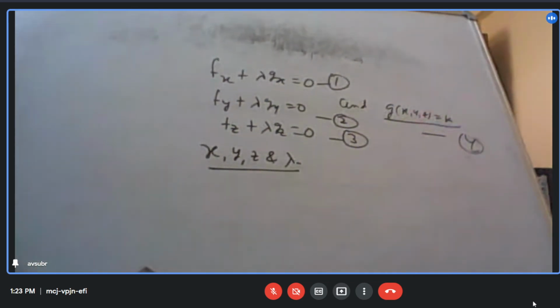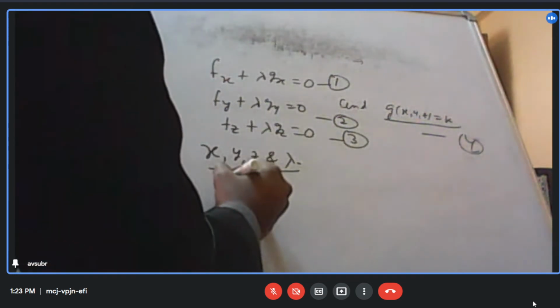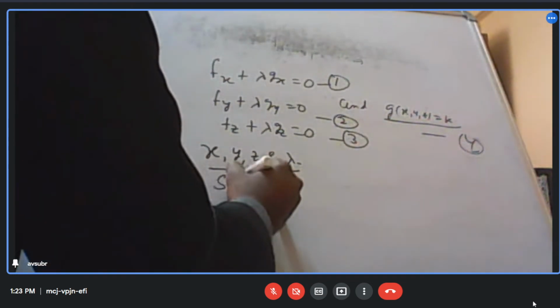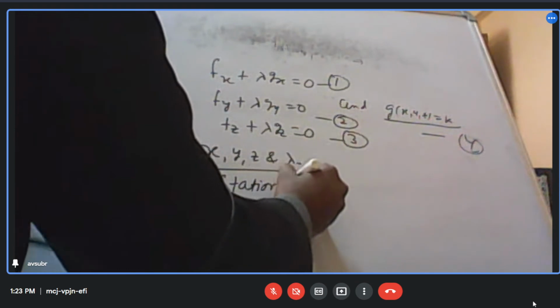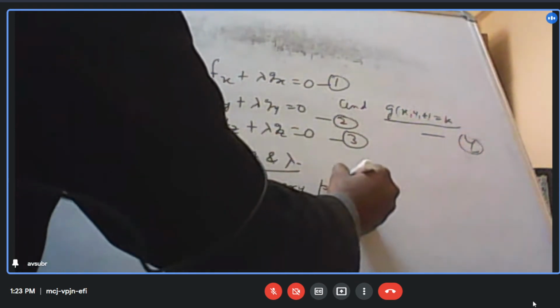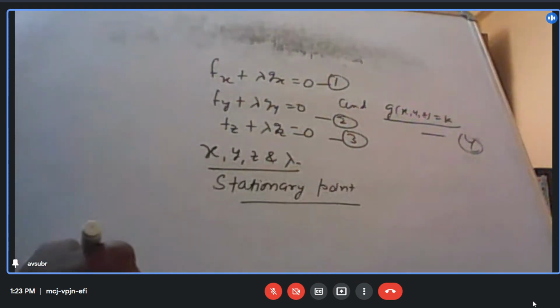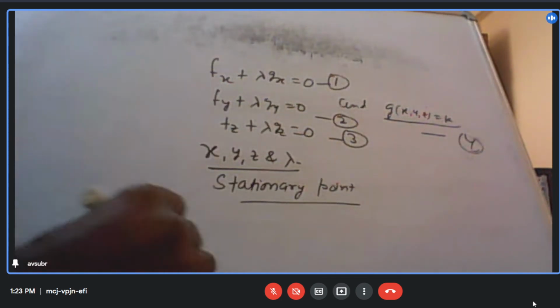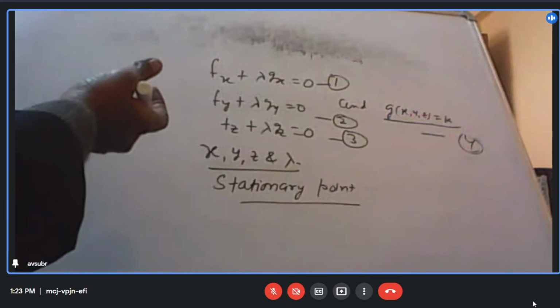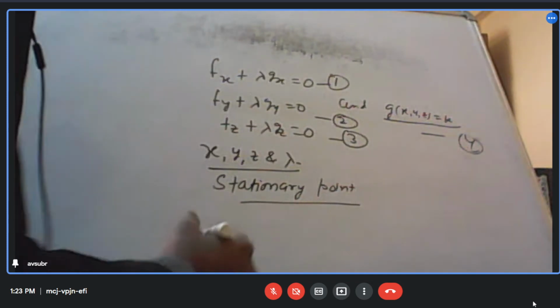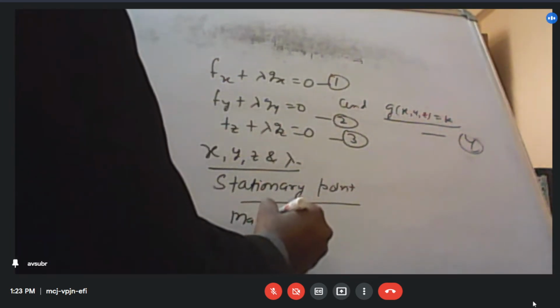And once we do it, that is your stationary point. So you can find out the stationary point. Once you find out the stationary point, then we know the method that we can find out maxima or minima.